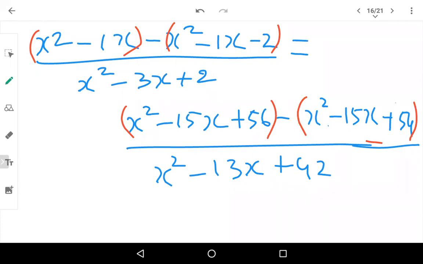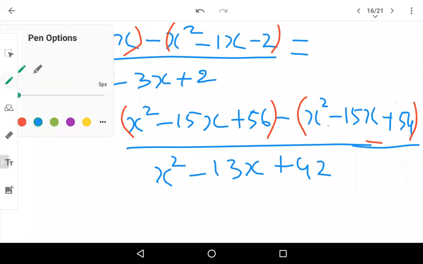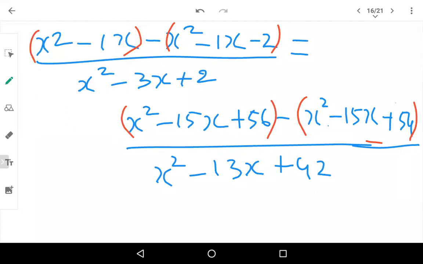Now let's remove the brackets one by one. We will keep this x square minus 1x as it is. We are just removing the bracket. Now for the removal of bracket here, there is no number, but there is minus. So I'll assume it as minus 1. So minus 1 into x square will give me minus 1x square.